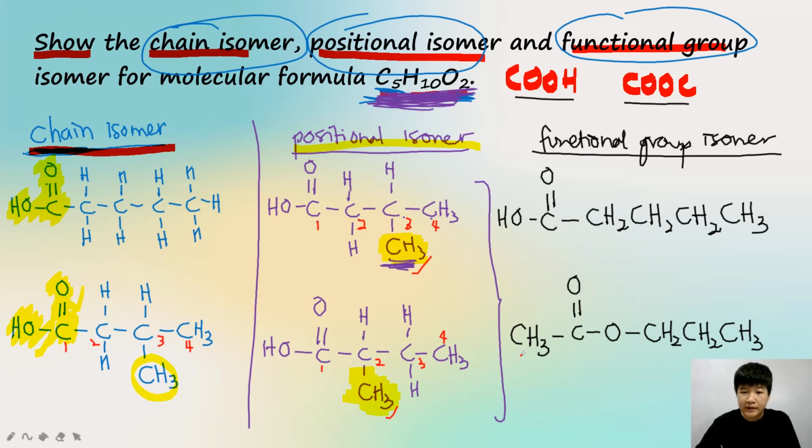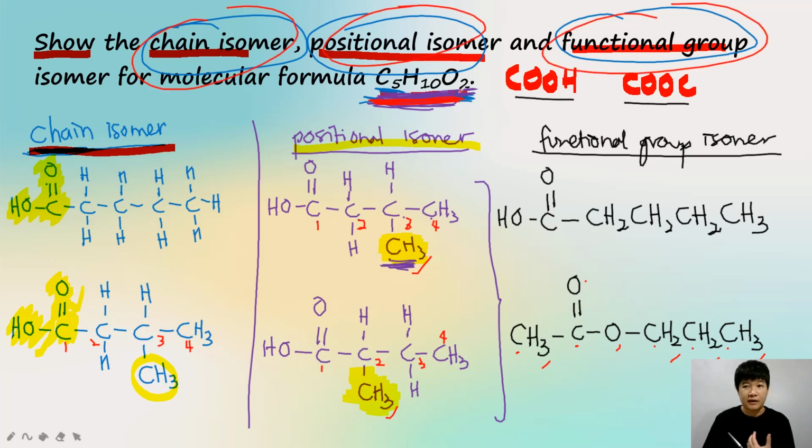And you can see over here, 5 carbon, 1, 2, 3, 4, 5, 10 hydrogen, 3, 5, 7, 10, with 2 oxygen, C5H10O2. Simple. So this is a type of question where the question asks you to show a pair of chain isomer, positional isomer, and functional group isomer. And that is how we label them.